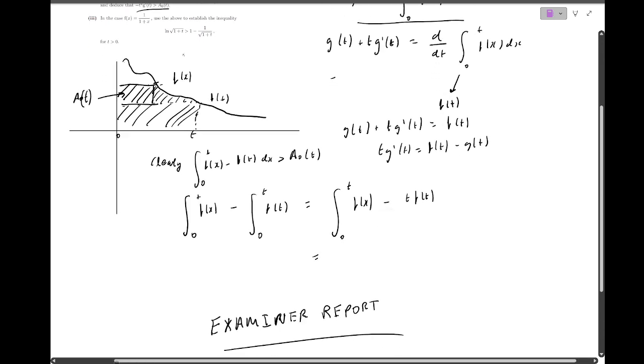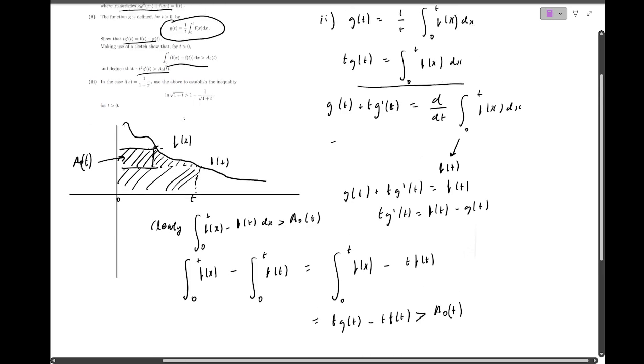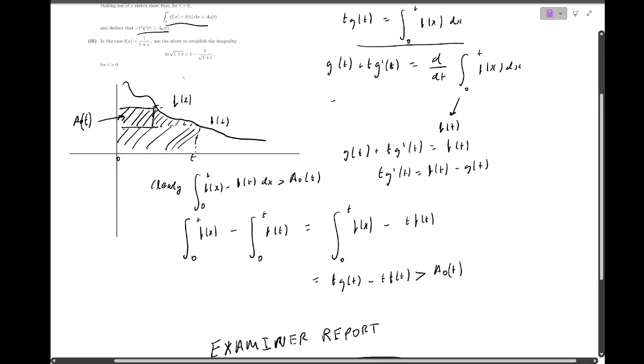So we have t g of t minus t f of t is greater than a naught t. We want to show this, so we can take t common: g of t minus f of t is greater than a naught of t.